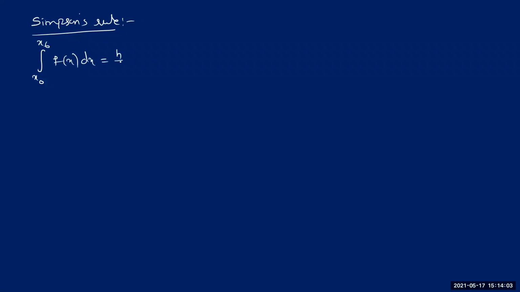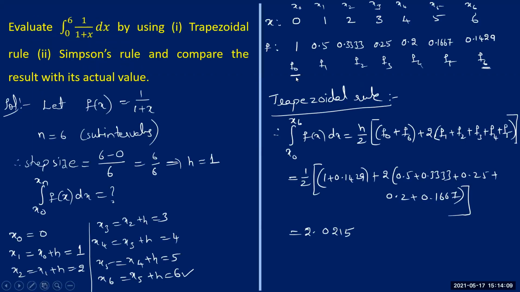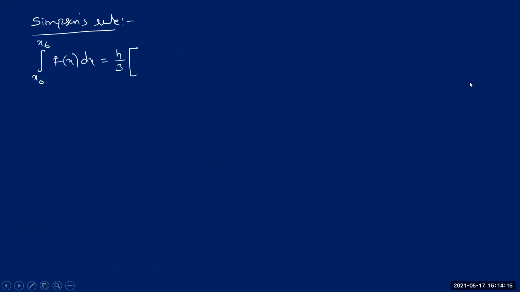Now see, this is your formula. h by 3 times the first and last value. If you recall these values here, it is from f0 to f6, so the first one is f0 and the last one is f6. So h by 3 times f0 plus f6 plus, I hope you remember this, we'll have this as the formula, 4 times f with odd suffixes.